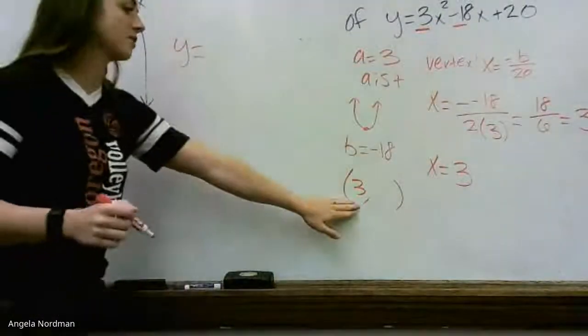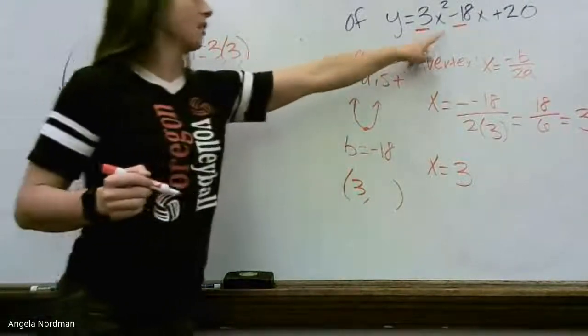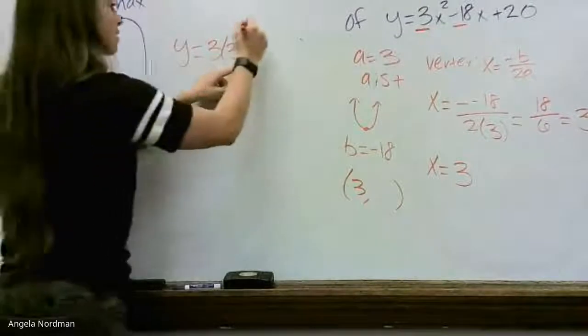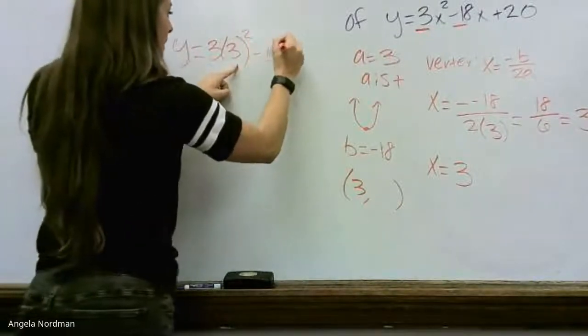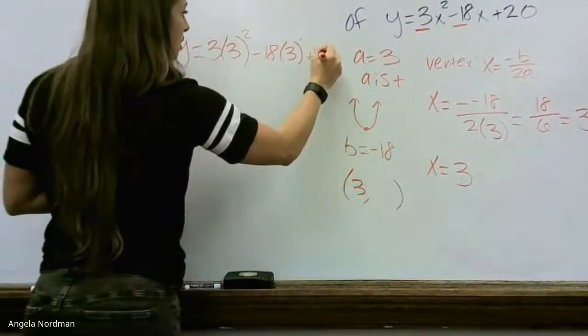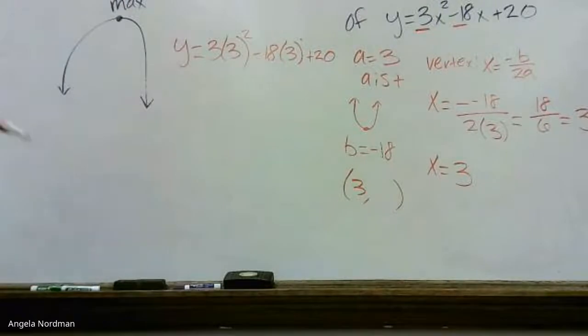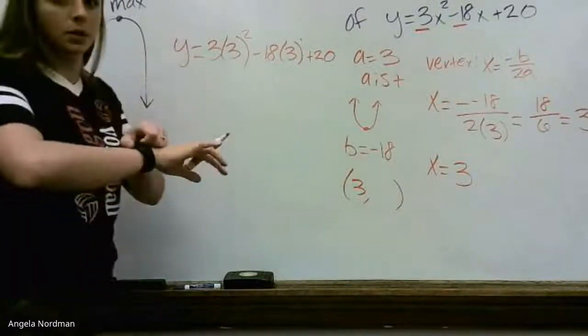I'm saying that my x value is 3. So this is 3 times, instead of x, I'm putting in 3 squared minus 18 times, instead of x, I put 3, plus 20.